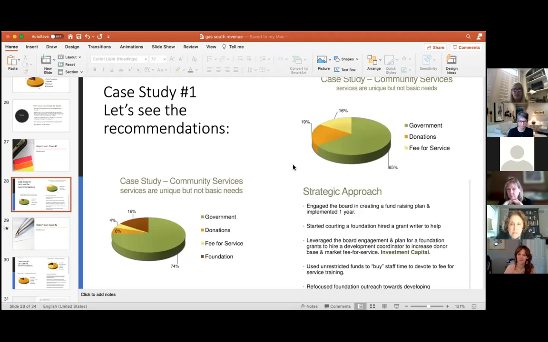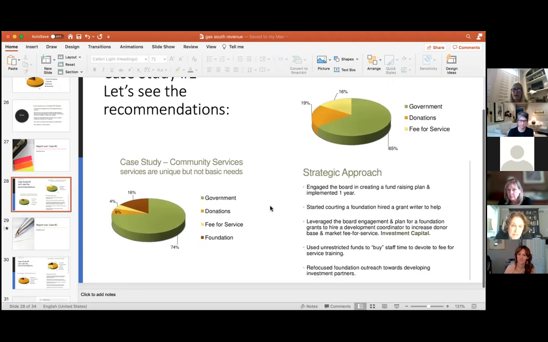And I wanted to cover that orange piece, donations, and why they felt that was more fruitful for them than foundations. They really thought about that as investment partners.